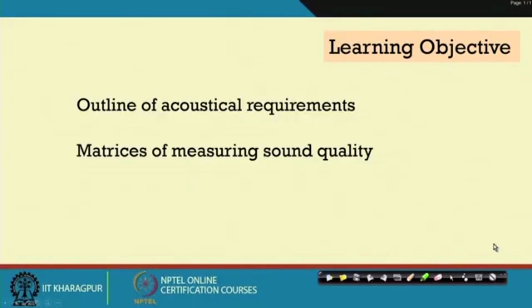So, we will first try to look into the outline of the acoustical requirements of a particular auditorium, and the metrics of measuring the sound quality, because here the purpose of the audience is not just exchange of dialogues, not only speech, but maybe musical performances, theatrical performances and many other such performances which demand proper sound quality.